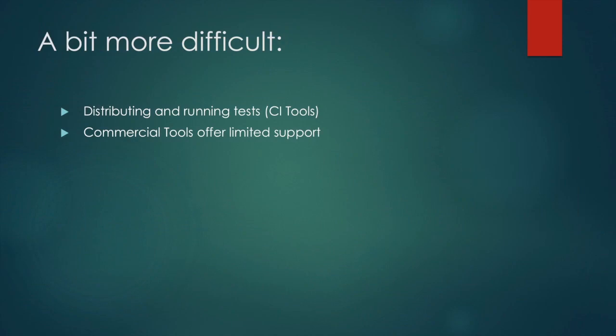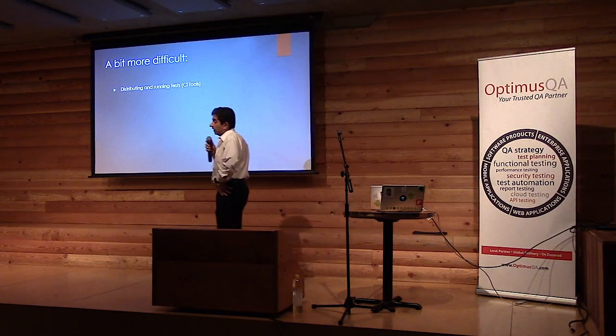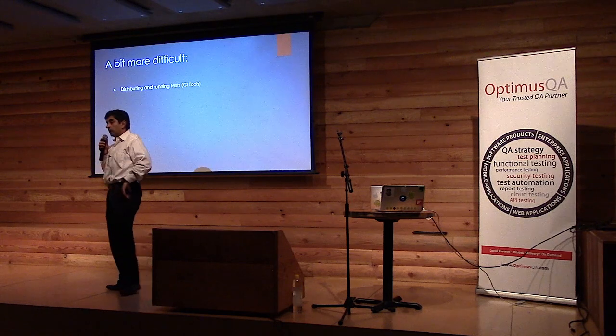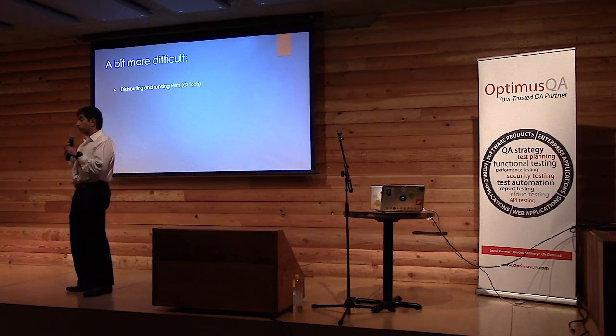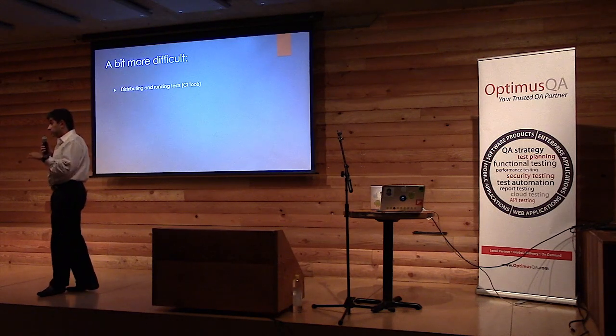Distributed running. One other thing about this is that now the CI tools do help with distribution. So Jenkins, BuildBot, or most of the other continuous integration tools do help with distribution and running. Most of the companies actually use them as a means to distribute and run the test.